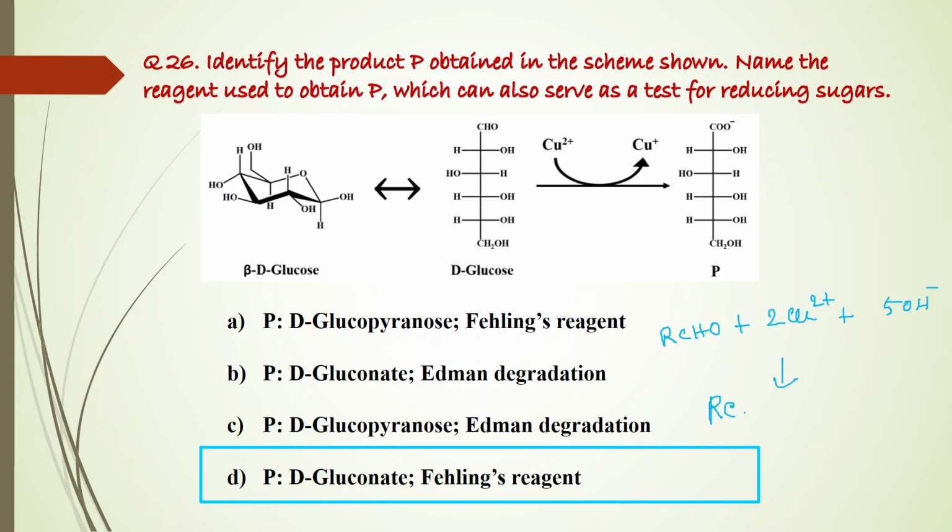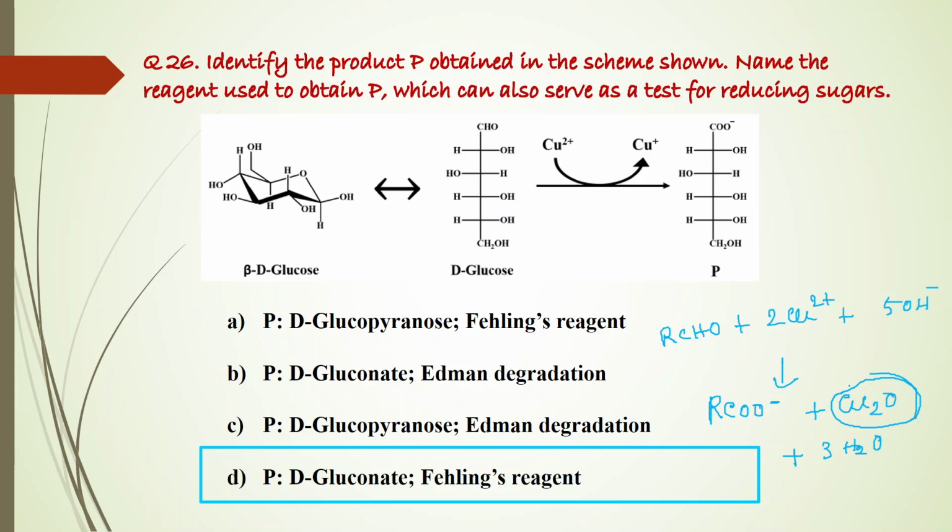You have the oxidation of the aldehyde group to RCOO minus, and you have Cu2O and water, and this Cu2O is responsible for giving a red coloration which confirms the existence of a reducing sugar or an aldose type of sugar, that can be glucose or any other aldose sugar.